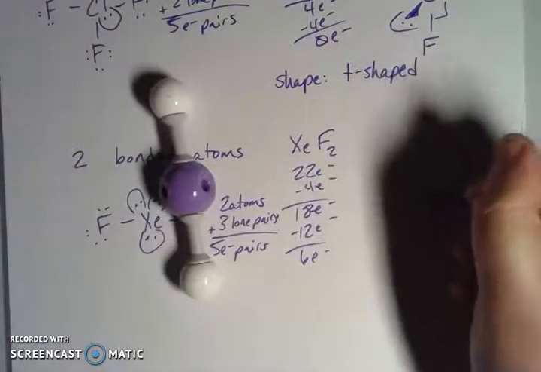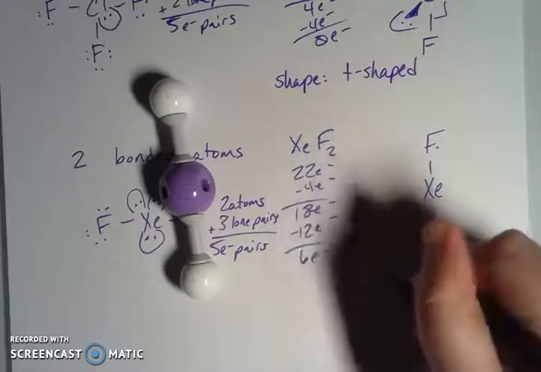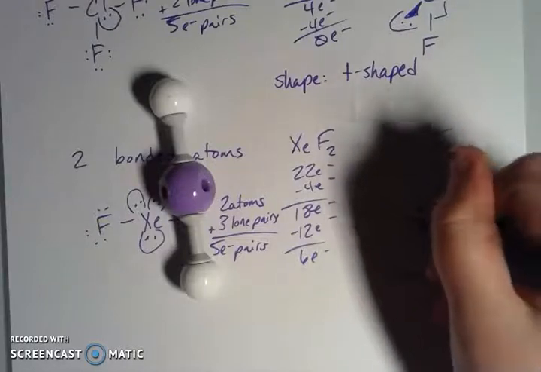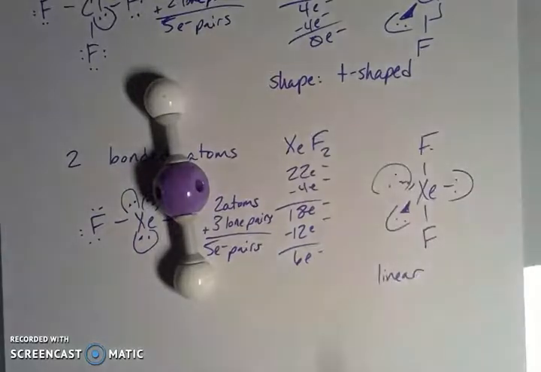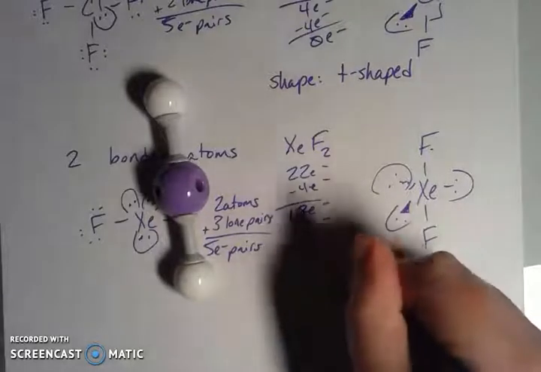And now what I have left over is just a linear molecule. And again, here's my lone pairs. So that shape for 2 bonded atoms and 3 lone pairs is linear.